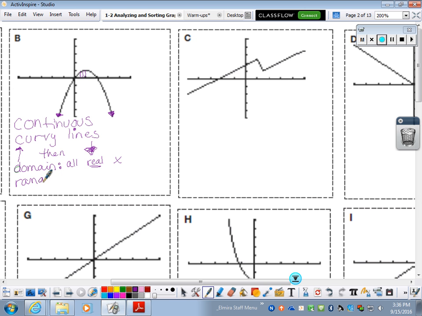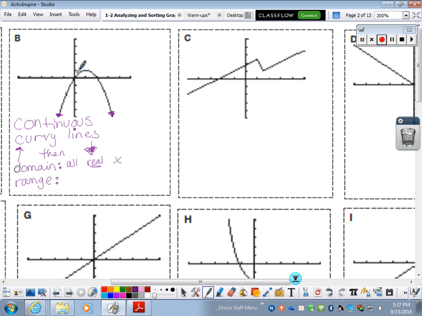Okay, range. Range is all the y values. Now, sometimes the range of a graph is all real y because there's no limitation, but clearly this has a limitation because if I put my pen up here and I go to the left and to the right, I am never going to touch the function up here. I will down here. I can touch it this way. I can touch it that way. I can touch it here. Right on. I can follow it across to here.